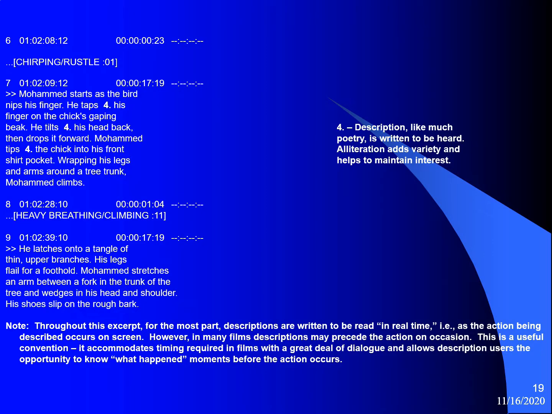He taps his finger on the chick's gaping beak. He tilts his head back. Then he drops it forward. Muhammad tips the chick into his front shirt pocket. Taps, tilts, tips. Well, description, like much poetry, is written to be heard. Alliteration adds variety and helps to maintain interest.